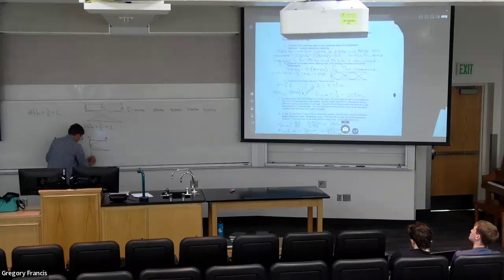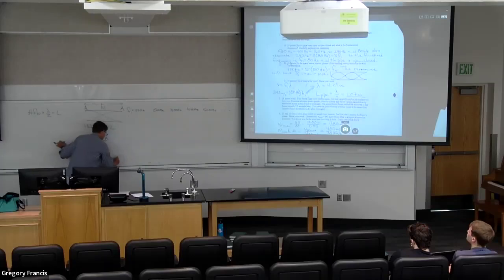And so if I go a half football times lambda over 2, and that's going to be L, well, that's where I get L is equal to 1/4 of lambda, or as it is in that solution there, lambda over 4. That's where I get that.